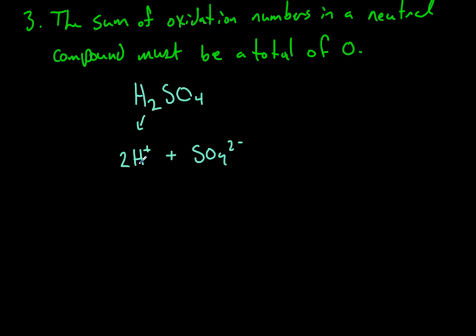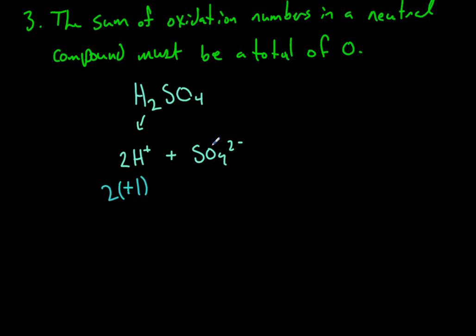What would the oxidation number on this ion be from what we learned before? +1. And we have 2 of them. So 2 plus 1s, right? And right away we can see there's a 2 minus total over here. So that's how we balance out. That's not really what we're talking about with oxidation numbers, okay?